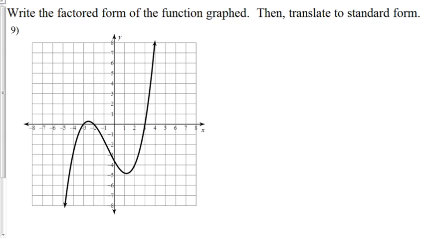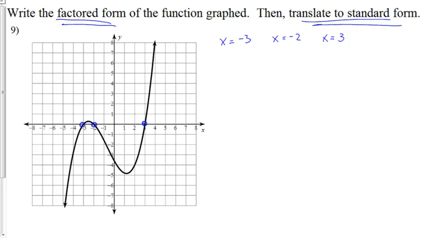All right, the last few problems are going to have you actually write something in factored form. And then we're going to translate that to standard form using the area model or the distributive property. So the points that we're interested in are right here, here, and here. So we have an x-intercept of -3, we have an x-intercept of -2, and we have an x-intercept of +3.